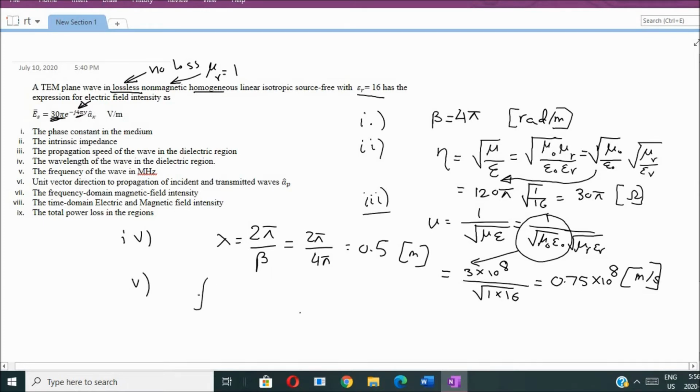Frequency f equals u over lambda. So u is 0.75 times 10 to the power 8 and lambda equals 0.5, so that will be 1.5 times 10 to the power 8, so 150 megahertz.